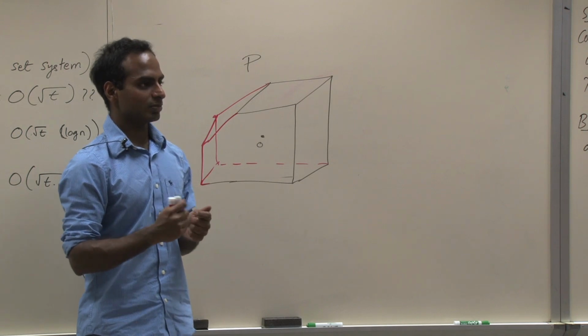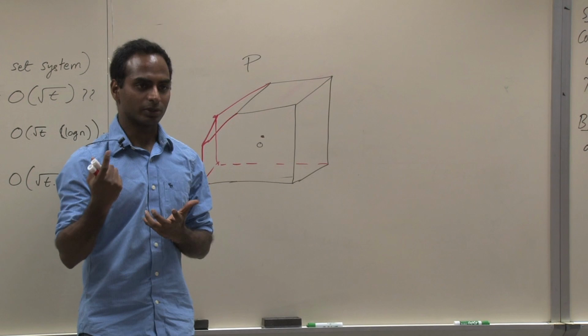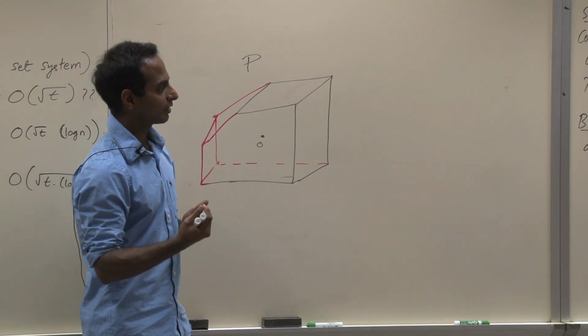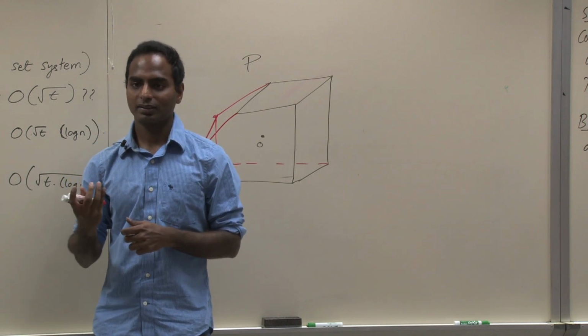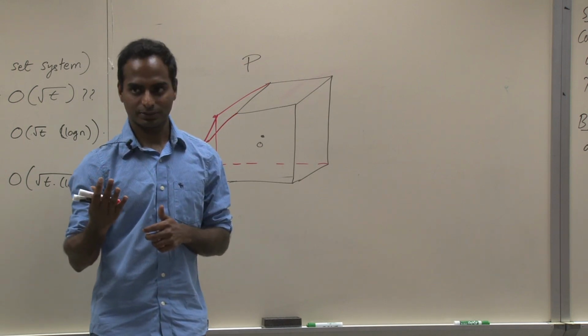One proxy for having many coordinates which are 1 or -1: think of it as the coordinates being as large as possible. 1 or 2 is not so important. What's important is that they're as large as possible. One proxy for that is for the L2 norm of the vector to be large.